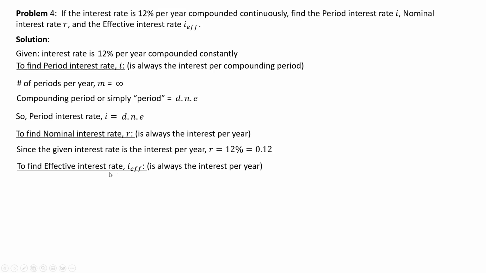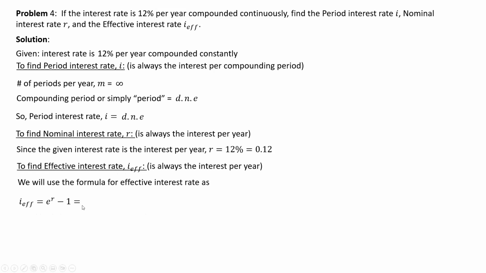And to find the effective interest rate, up until now, what were we doing? We were using that 1 plus r over m to the m minus 1. But then, since m is infinity, we are taking the limit, and I demonstrated that already, and the formula turns out to be I effective is e to the r minus 1.